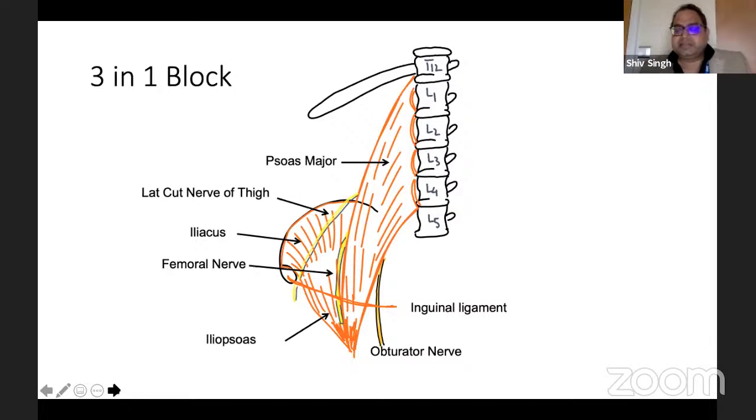Okay, so that's how the proximal spread occurs, and it usually occurs onto the lateral side, and that's why when local anesthetic is given, it tends to block the femoral and lateral cutaneous nerve of the thigh in most patients.